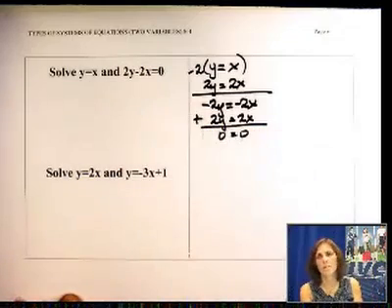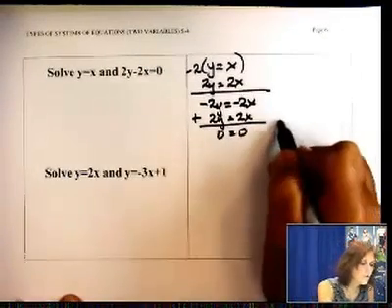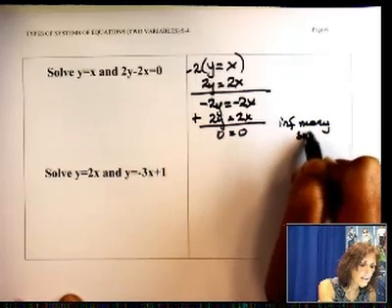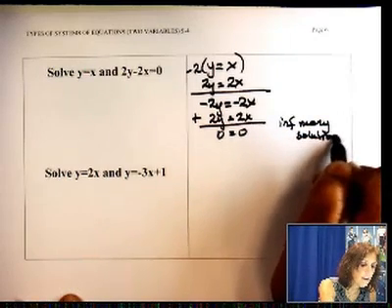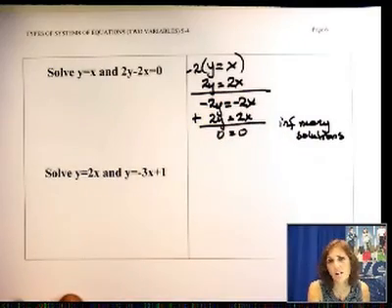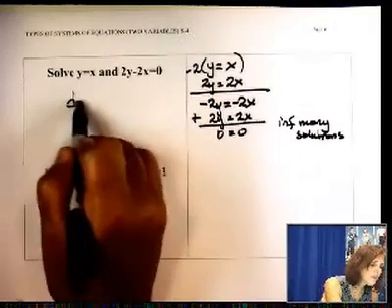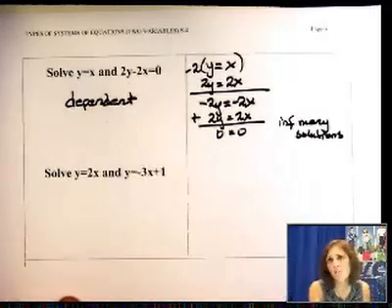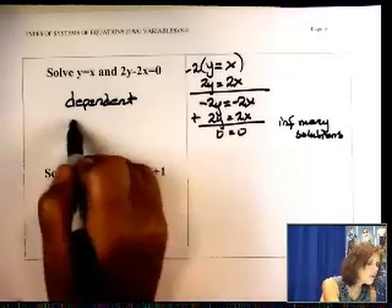What does that mean? You have infinitely many solutions. And actually, I did not have two lines, but I had one line. What is that? That's a dependent system. And since it had infinitely many solutions, it's also consistent.